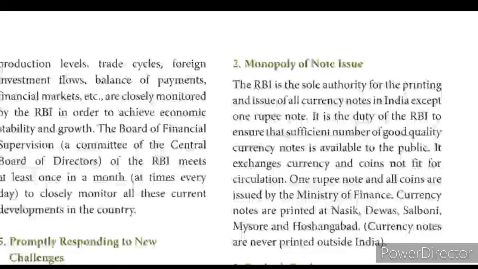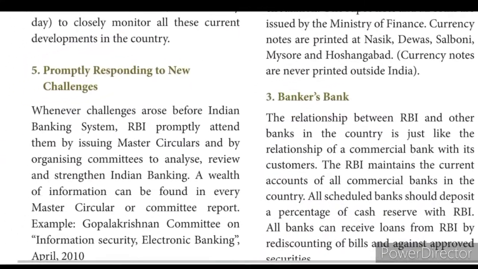See, these are the places where they print the money. Except for the 1 rupee note, all the other notes are issued by the RBI only, but the 1 rupee note alone is issued by the finance ministry. So they are doing it under different departments, and they have different places where they issue this also.